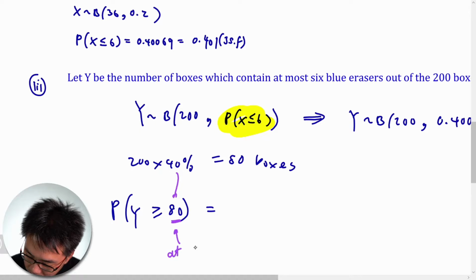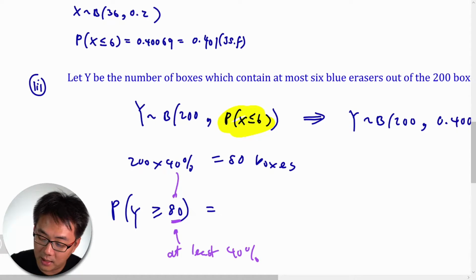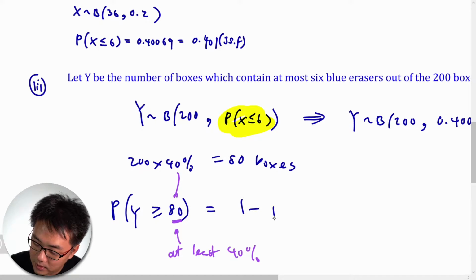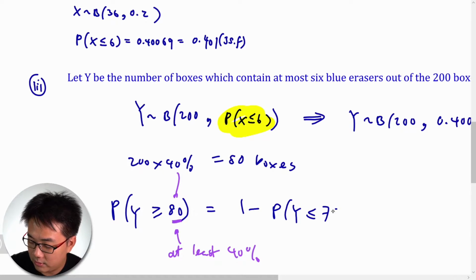At least 40%. So we know that the calculator doesn't give us 80. So we need to take 1 minus P(X less than or equal to 79).